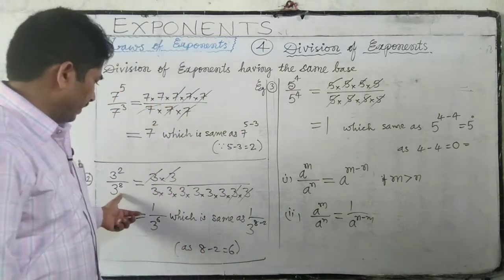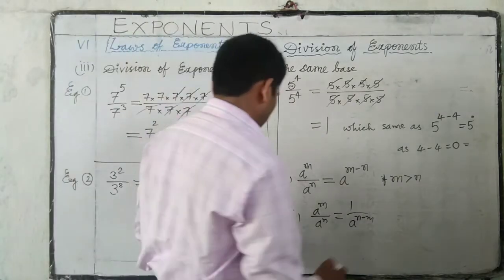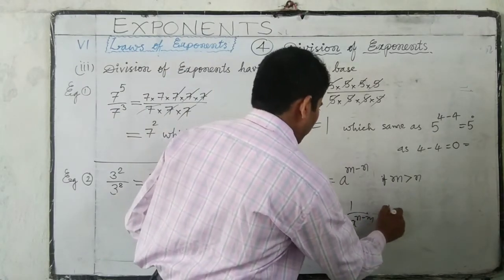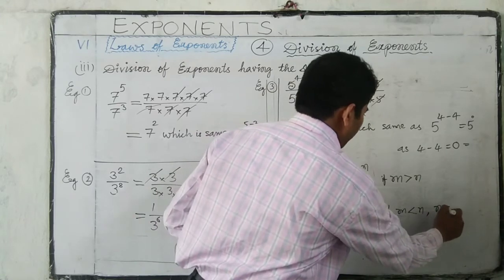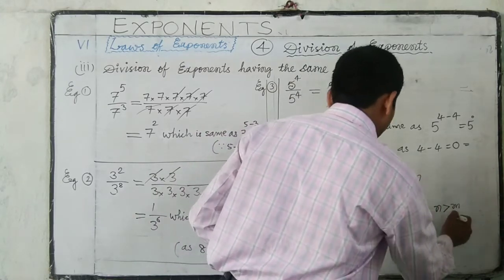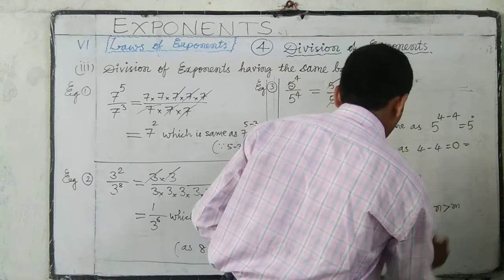So this is the second case, like 8 minus 2, if m is less than n, or n is greater than m. Both have the same meaning.